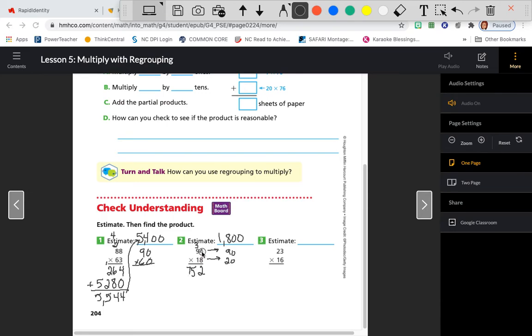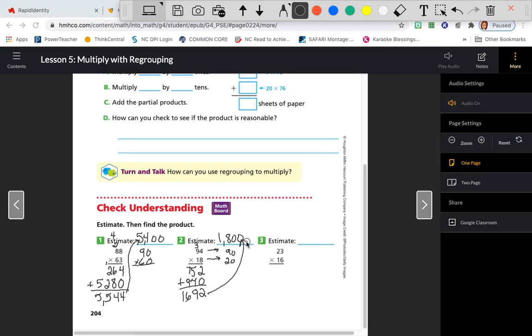Then we come to our tens. 4 times 1, don't forget to put your 0 in the ones place. 4 times 1 is 4, and 9 times 1 is 9. And then we simply add. 1,692, and that again is close to our estimate, so we can say that it's reasonable.